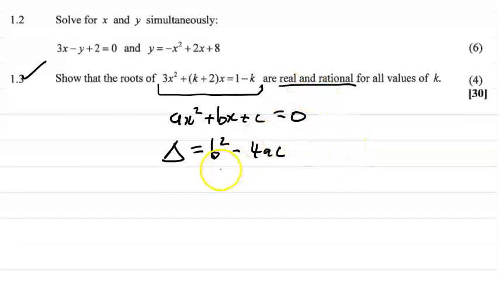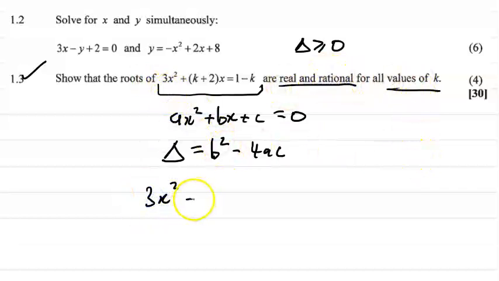And remember that if we can prove that delta is greater than or equal to 0 for all values of k, then the roots will be real and rational. Okay, so let's go and do that in that order. 3x squared plus (k plus 2) times x, and let's move the 1 and minus k over to the left hand side.